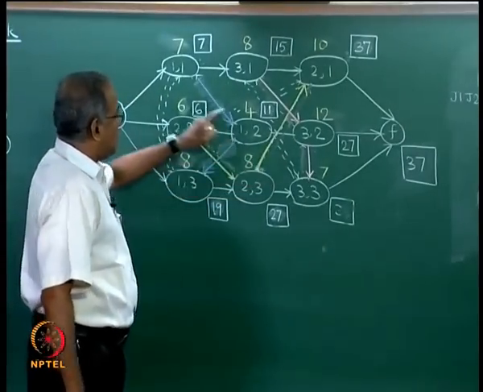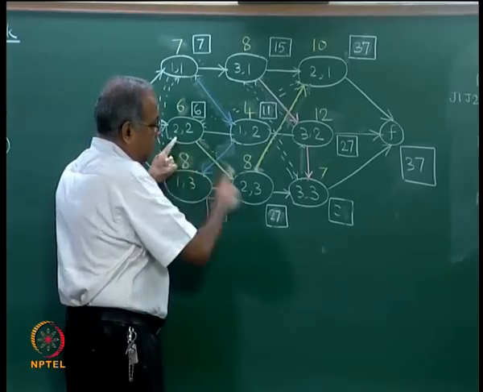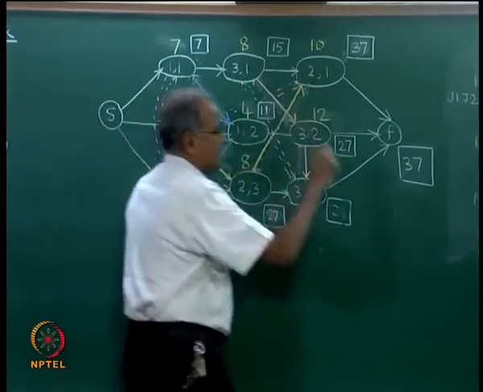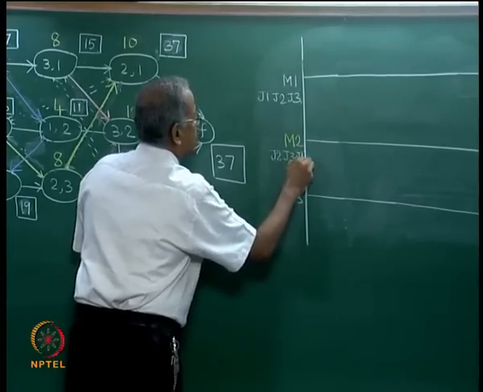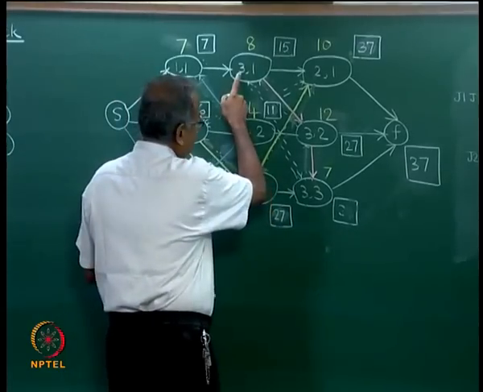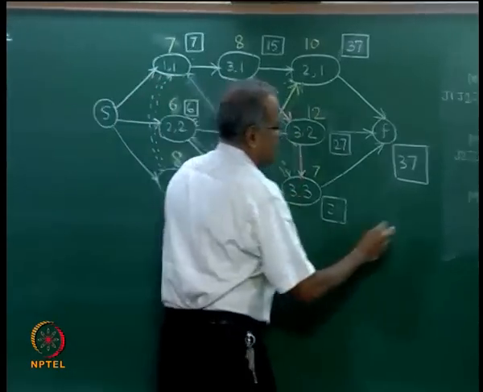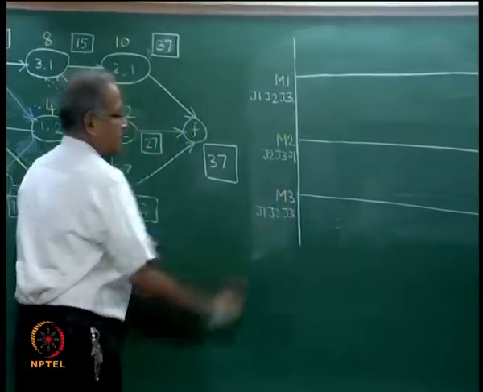Now, on M2 we realize that this is first. So, J2, J3 and then J1, and on M3 it is again 1, 2 and 3. So, J1, J2 and J3.